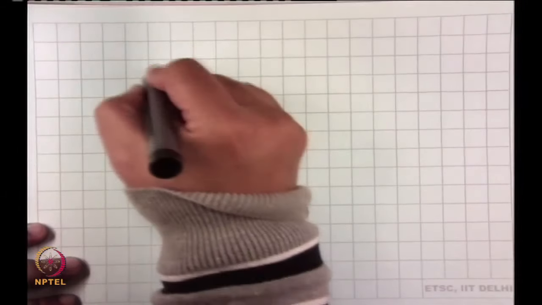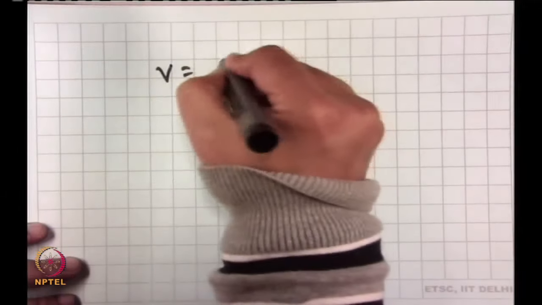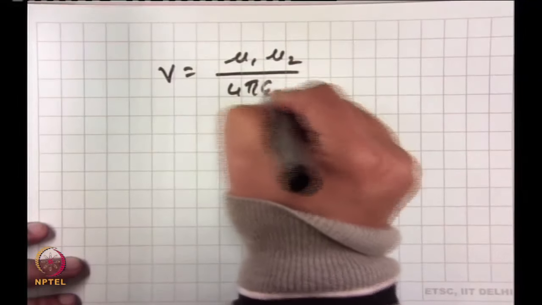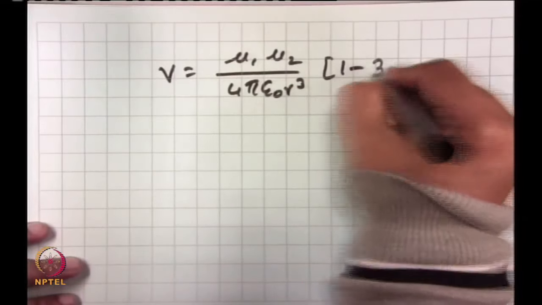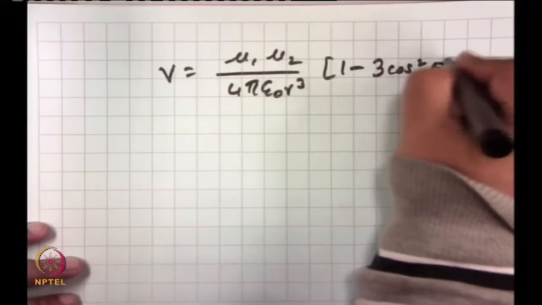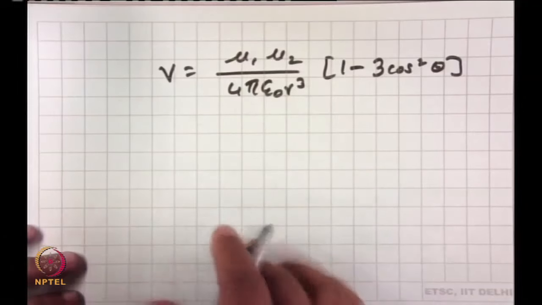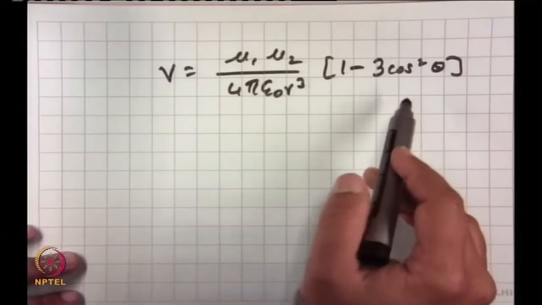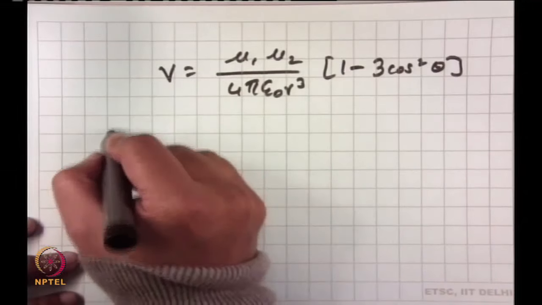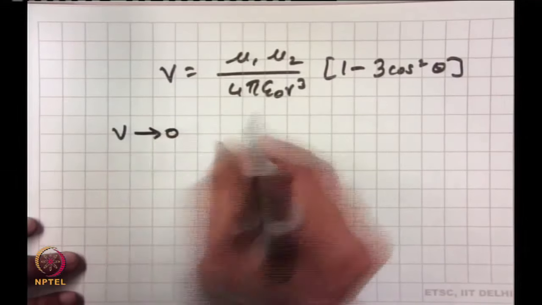Consider this situation where V is equal to mu 1 mu 2, which we just derived, over 4 pi epsilon 0 r cubed times 1 minus 3 cosine squared theta. Now, just looking at this, under what conditions can V tend to 0, what can I say about this?